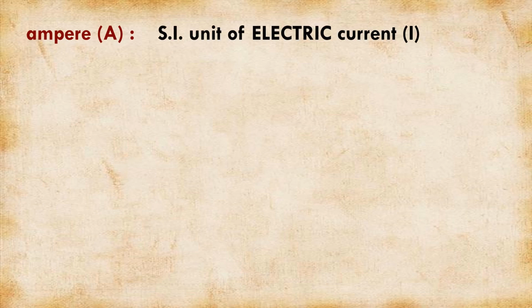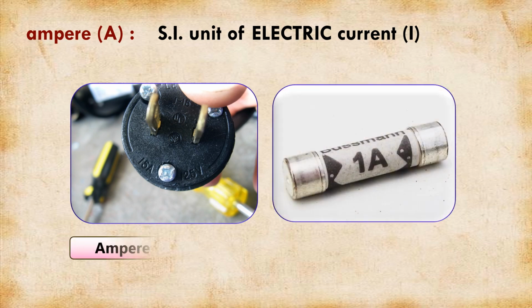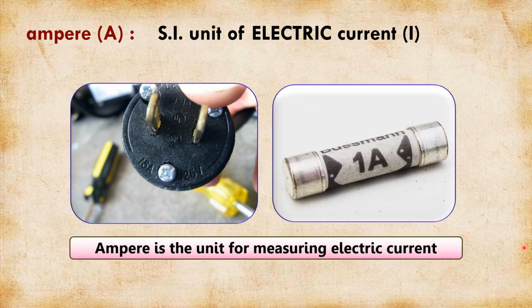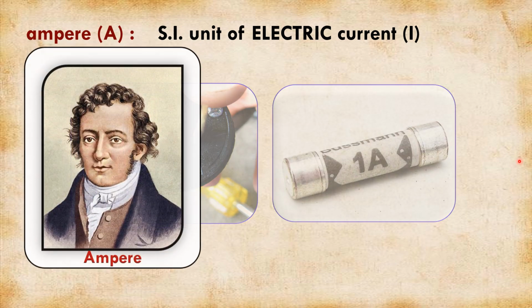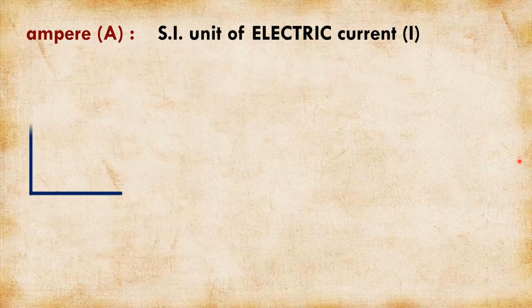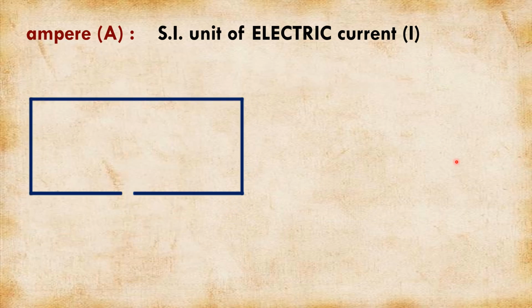Now ampere, symbolized as A, is the SI unit of electric current I. Ampere is the unit for measuring electric current. Yes, it is the name of the scientist, Ampere. Positive and negative terminal.